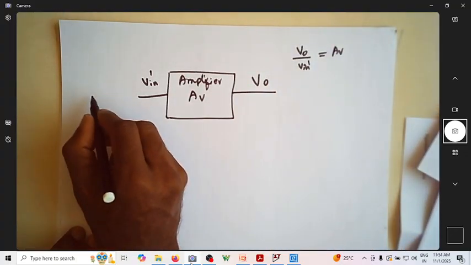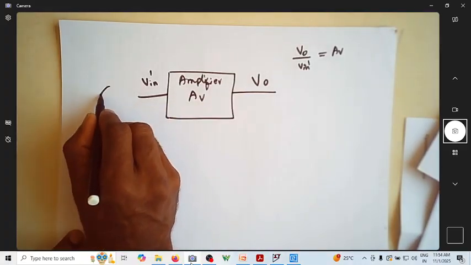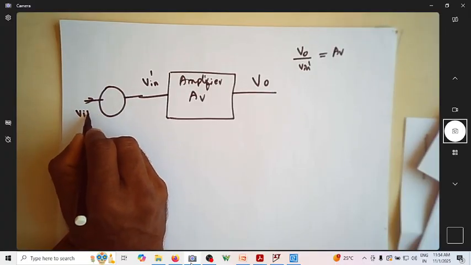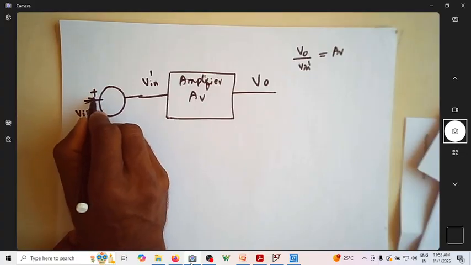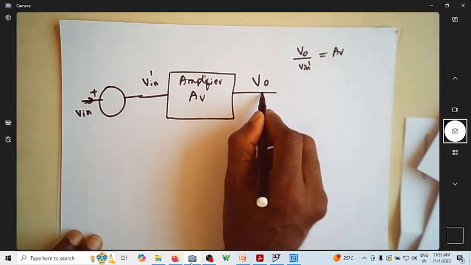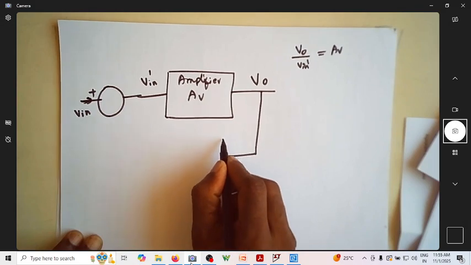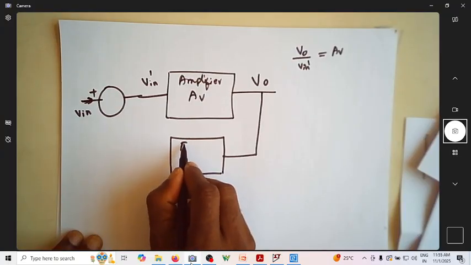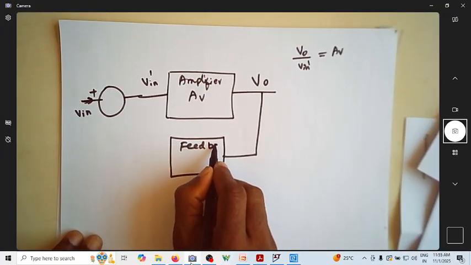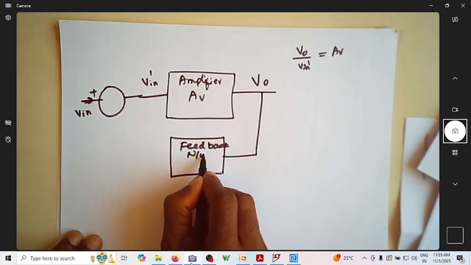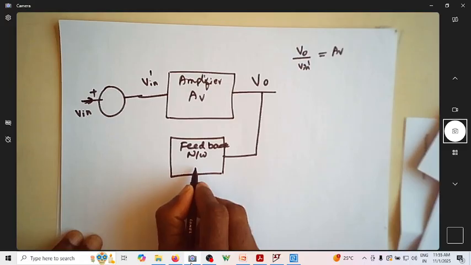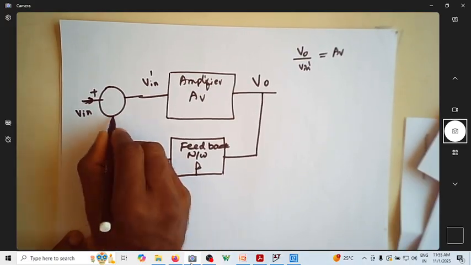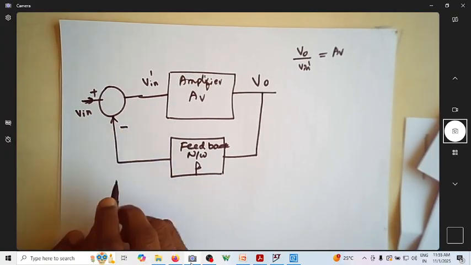So what I'll do: I have an input voltage V in, applied here with a plus symbol, and I am taking the output voltage and passing it through a feedback network, usually a resistive network with magnitude beta, and applying it back to this with a negative sign.